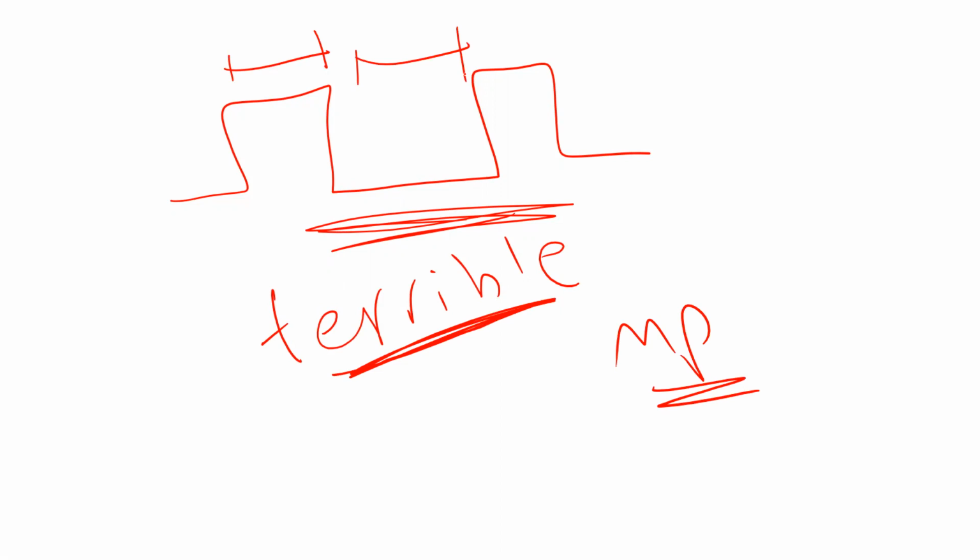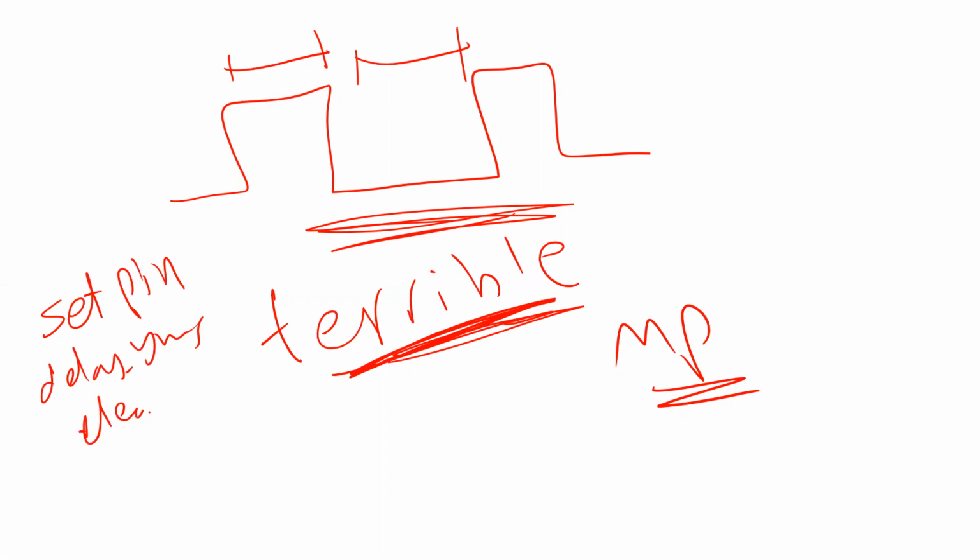We want to make a big application, so if one task takes too much time from the microprocessor, it's bad, because I have other tasks. The idea we did before was not good because, if you remember, we set the pin and then delayed, then we cleared the pin and delayed again and went back.